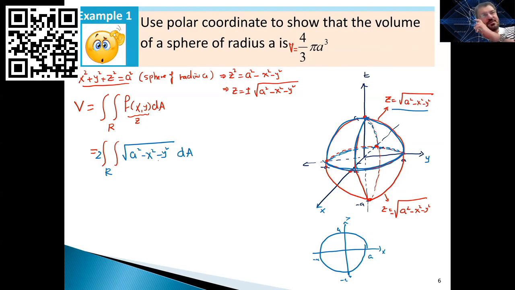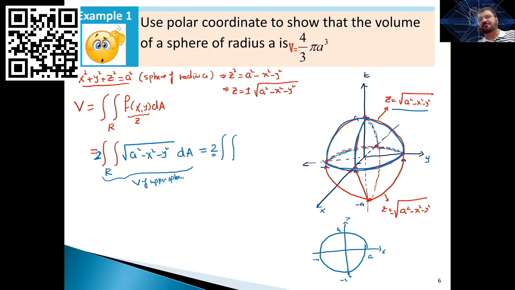Even if you took dy dx or dx dy, you cannot integrate that one easily. So what do we do? We will convert everything to polar. Now again, don't forget the 2. Why is 2 here? Because this is the volume of the upper sphere only, so I multiply it to get the whole sphere.